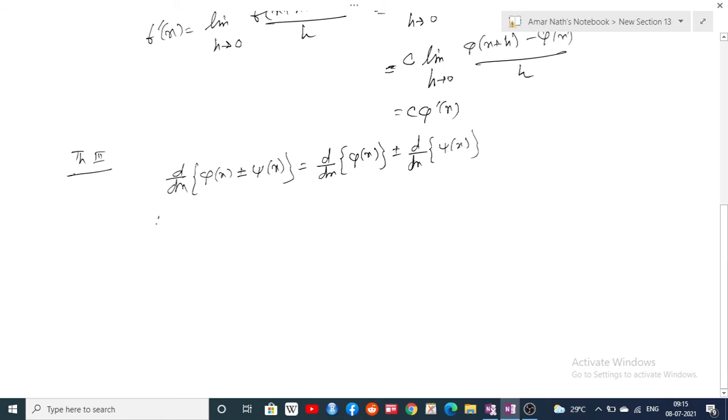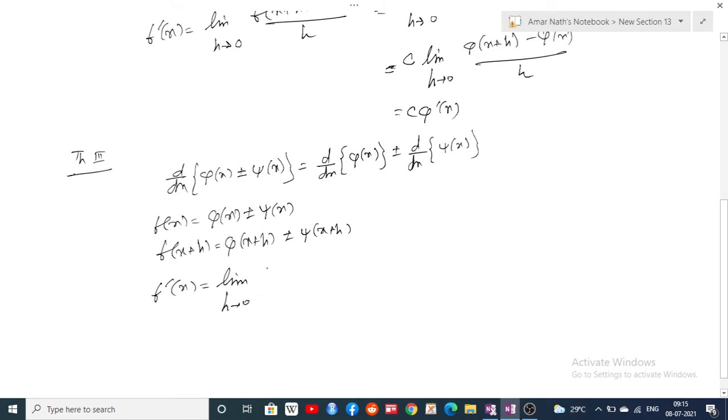Here f(x) equals phi(x) plus or minus psi(x). Then f(x plus h) becomes phi(x plus h) plus or minus psi(x plus h). Now as per the definition, f dash x equals limit h tends to 0 of f(x plus h) minus f(x), divided by h.